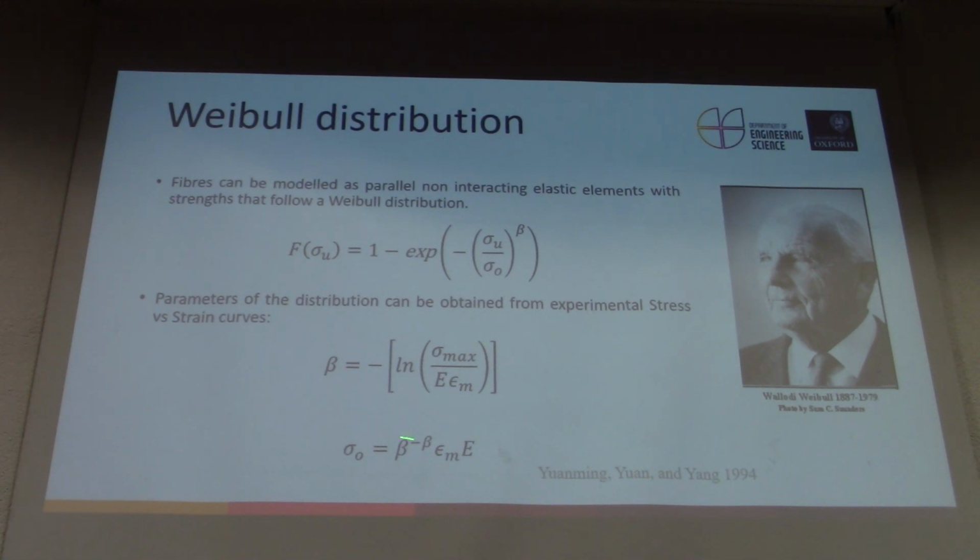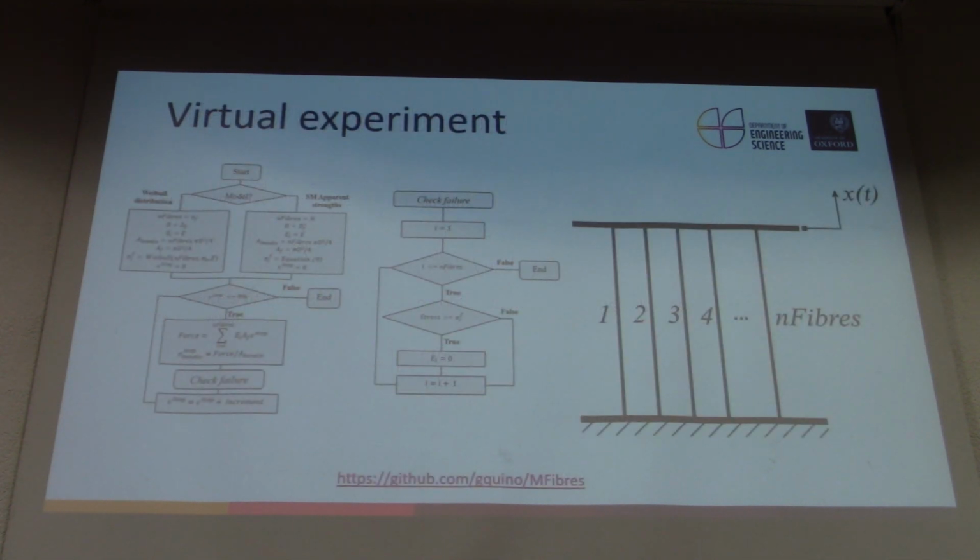One of them was given by Yuan Ming and co-authors, and it's based mainly on looking at the maximum stress and the strain at that maximum stress during a test of a fiber bundle. So we will use this to generate, again, a Weibull distribution, in this case of values of strength, and we will compare that with those that we obtained with sound measurements.